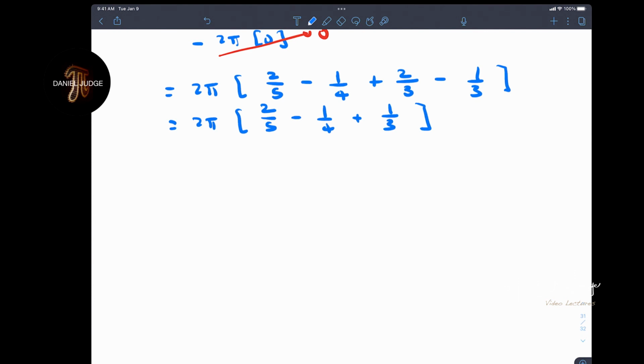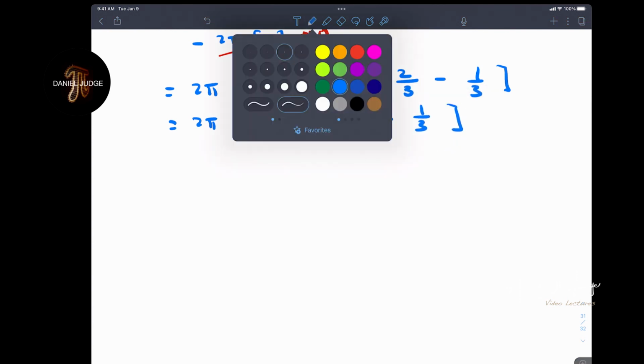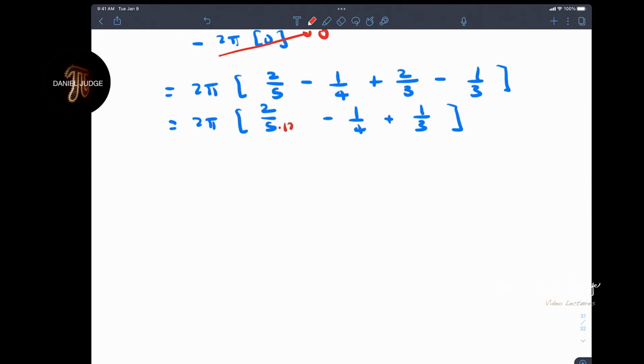So it looks like it's going to be 60. 60 times 12 is 24 over 60, then 15 and 20. Let's double check.